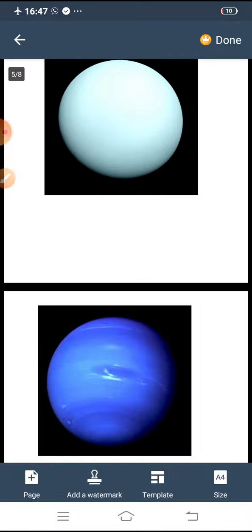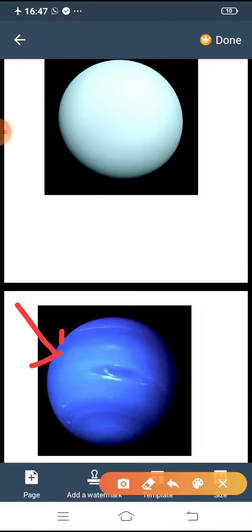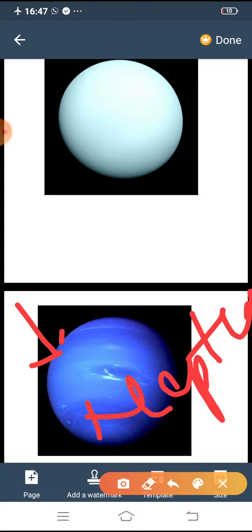Just you see, this is Neptune. It was discovered in 1846. It is the outermost of the 4 gas giant planets, that means Jupiter, Saturn, Uranus, and Neptune.